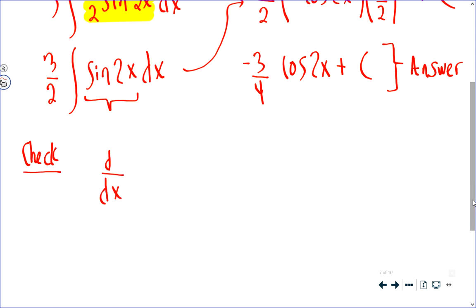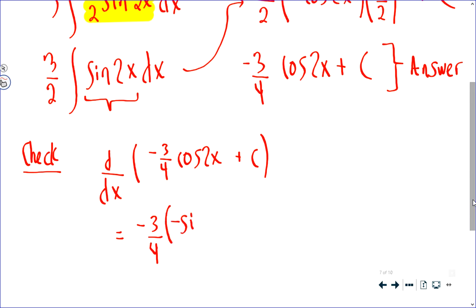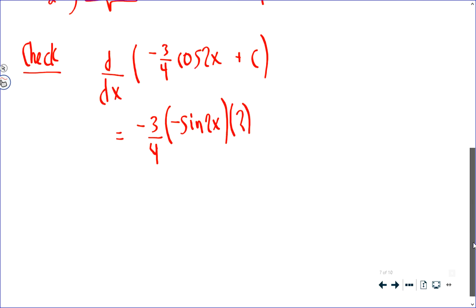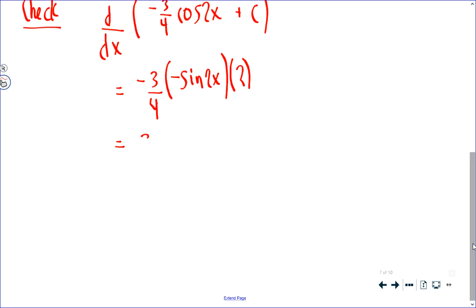The derivative with respect to x of negative 3/4 cosine of 2x, if you want to be really thorough, plus your constant, will be equal to negative 3/4 multiplied by the derivative of cos of 2x, which is negative sine of 2x, multiplied by the derivative of the argument 2x, which is 2, gives me 3/2 sine of 2x.